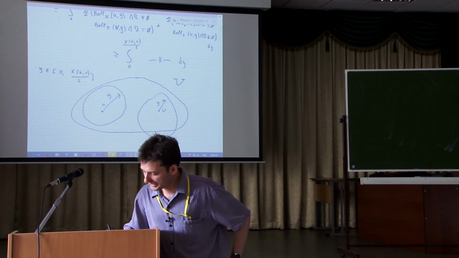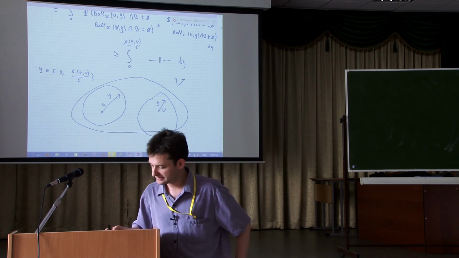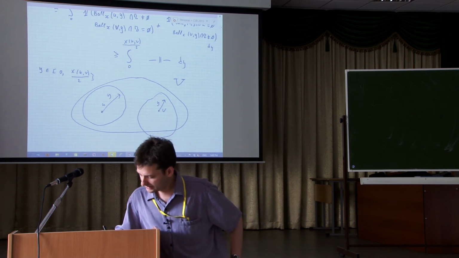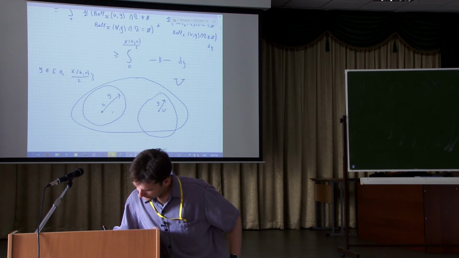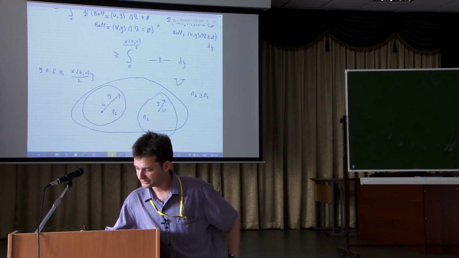For a fixed y, one of the balls contains more vertices than the other. So let's say this ball contains n1 vertices, and this ball contains n2 vertices, and let's say that n1 is greater than or equal to n2 without loss of generality.